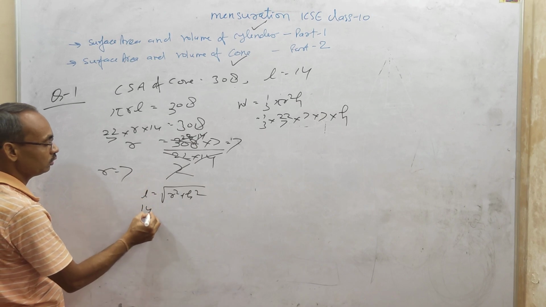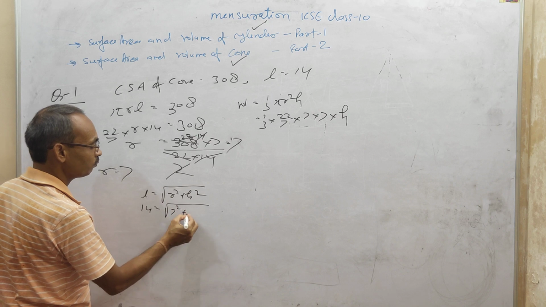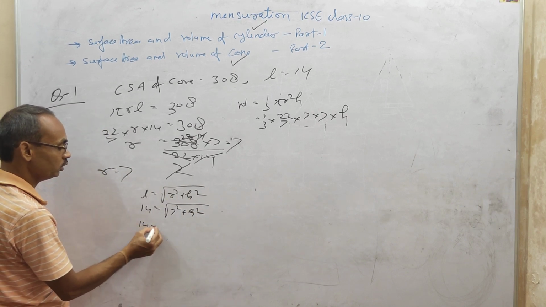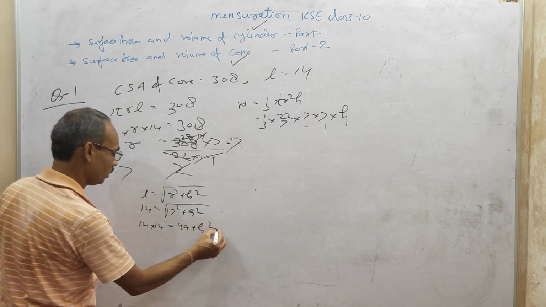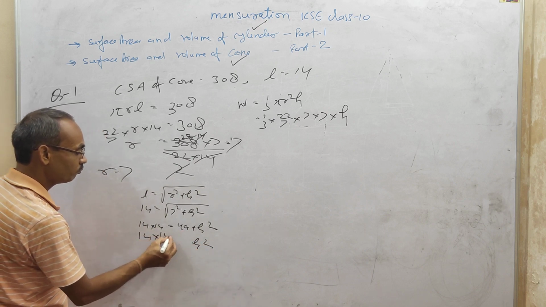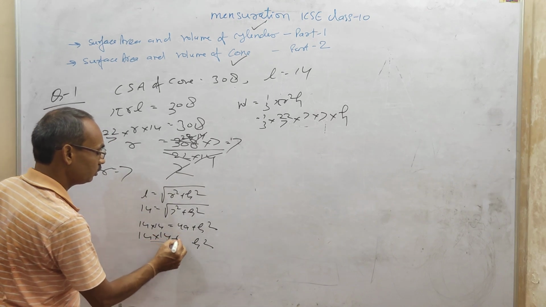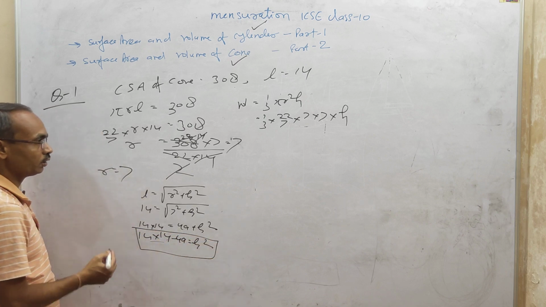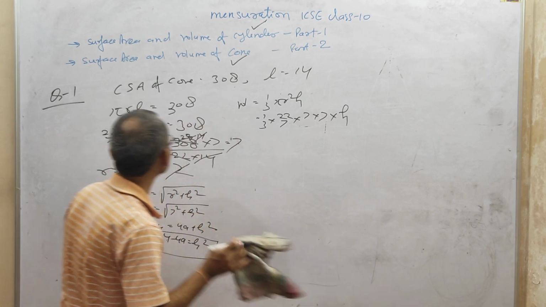L is given 14, r square is 7 square plus h square. By squaring both sides, 14 into 14 is equal to 49 plus h square. Subtract, and h will be calculated, and after h is calculated, put in the value and the volume can be easily calculated.